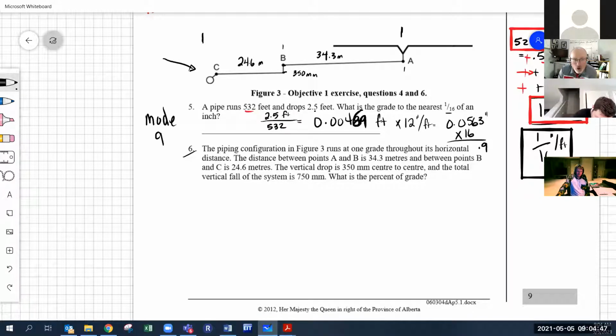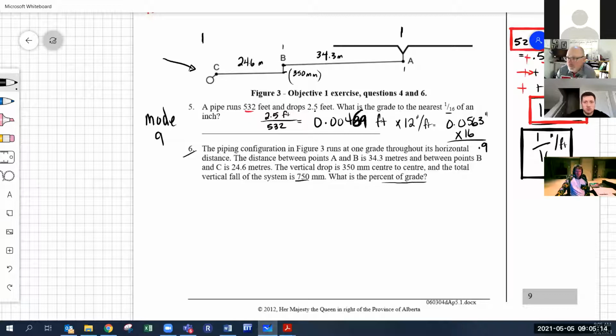And now the total fall of the system is 750. So the total drop is 750 over this entire run. So we want to know the percentage of grade. Now, this grade will not include the 350 millimeter drop.